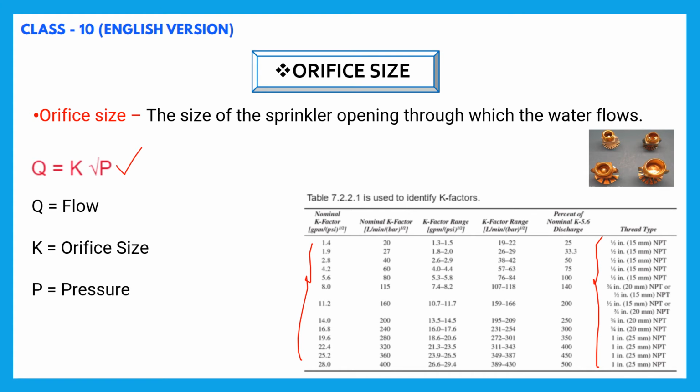For example, if you have 5.6 K factor considered as a standard, then the orifice size or the thread type has to be half inch.